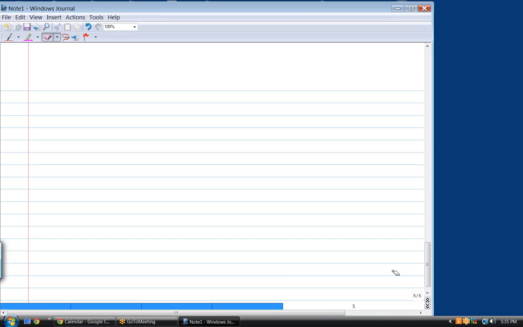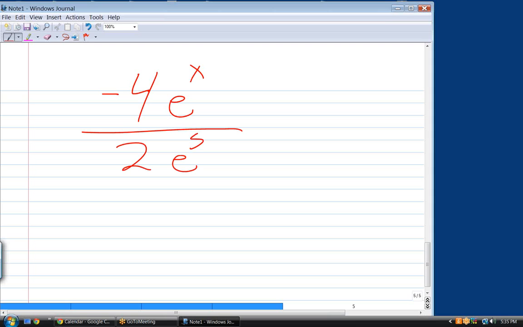How about this one? Here I'm dividing. So what do I do with the, first of all, always do the number part first. So in other words, do that separate from the rest of it. What's minus 4 divided by 2?